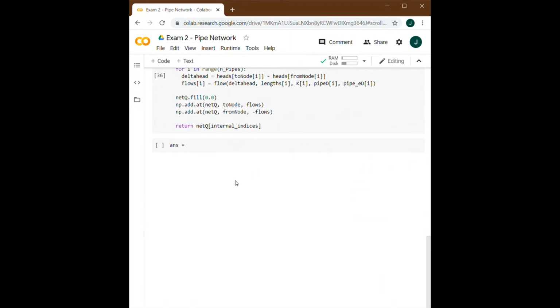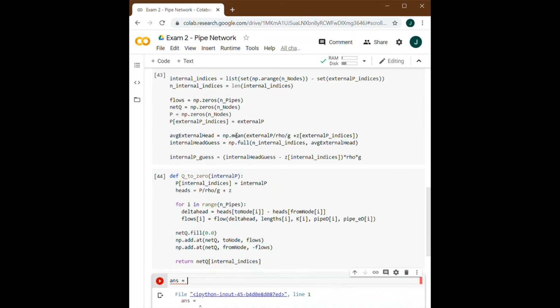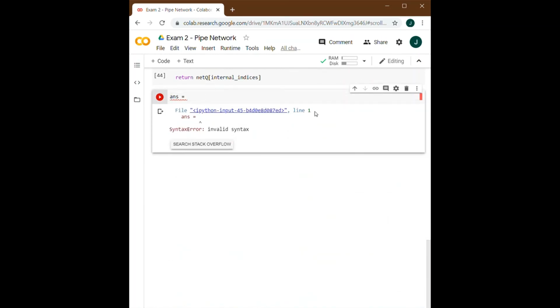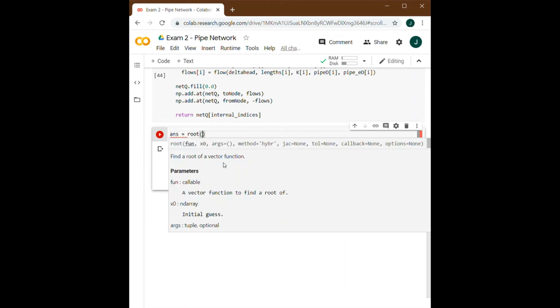Let's run them all. This root function finds the root of this vector function.